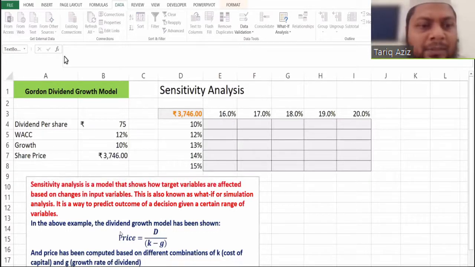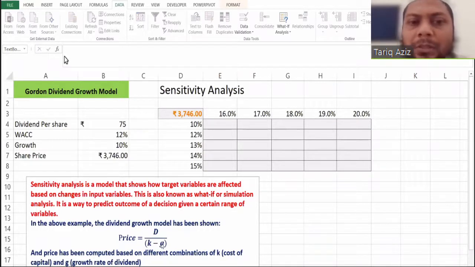This is a very famous formula for estimating the share price. As per this model, the share price should be equal to dividend per share divided by cost of capital, that is K, minus growth rate.